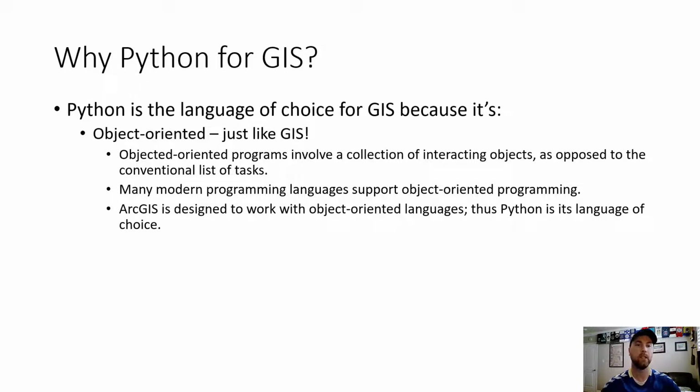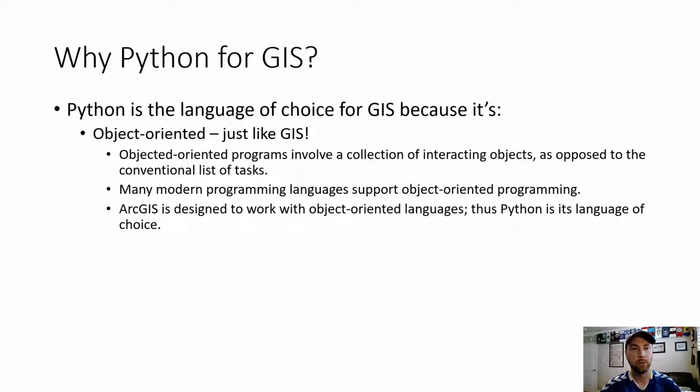And finally, Python is a language of choice for GIS because it's object oriented, which is the same as GIS. So object oriented programs involve a collection of interacting objects as opposed to the conventional list of tasks. So when we talk about objects, we're talking about, in the GIS environment, points, lines, and polygons, where what you see on a screen, let's say in the context of a point, there's also a record in a table.